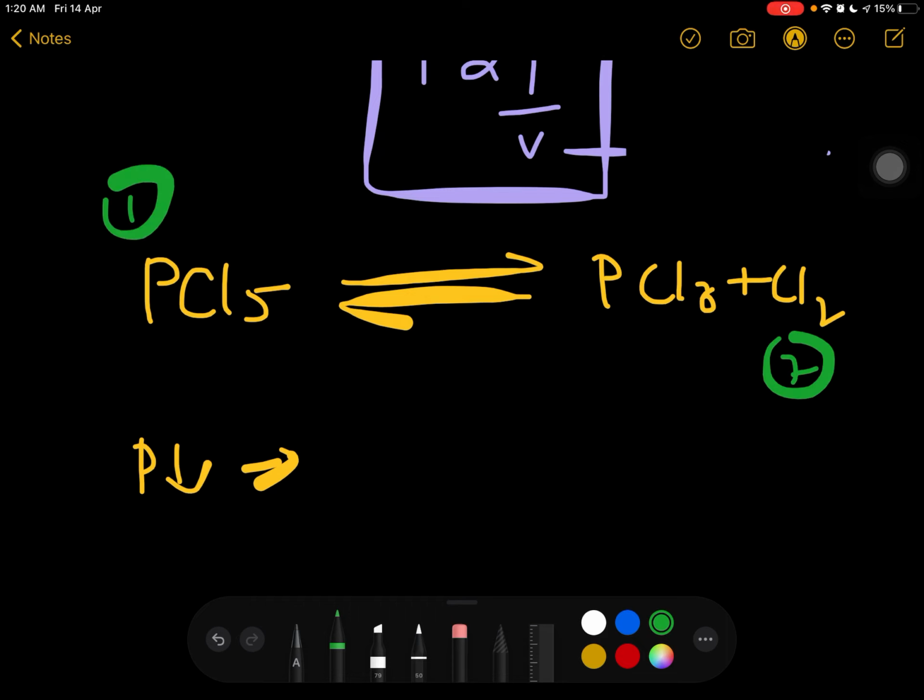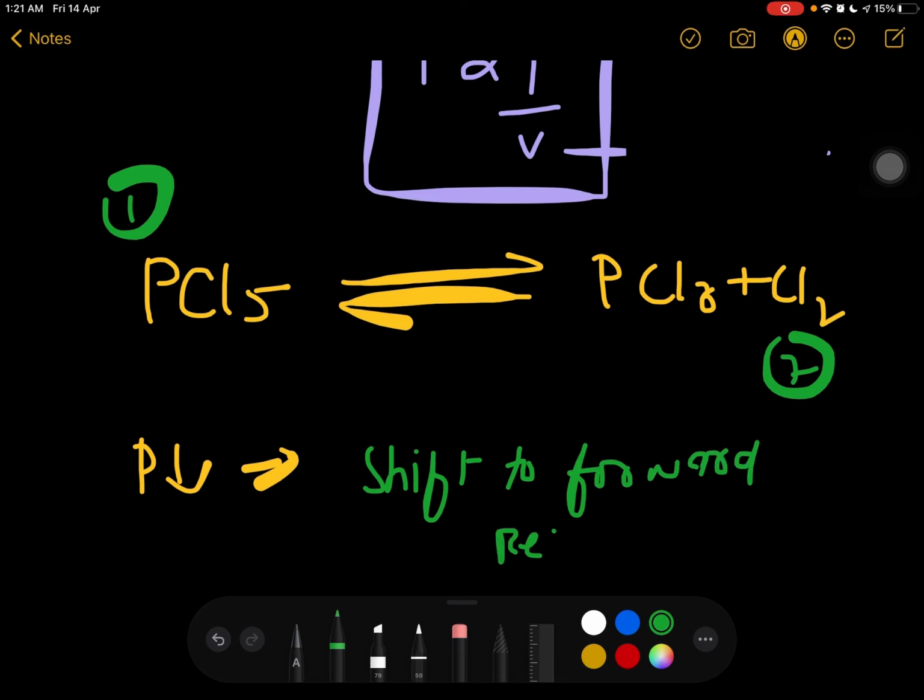Decreasing the pressure means the volume should be increased. So according to this rule, the forward reaction will take place. The equilibrium will shift to the forward reaction.